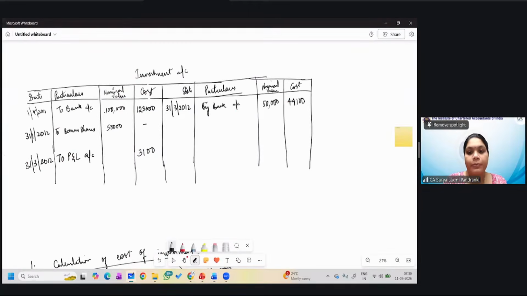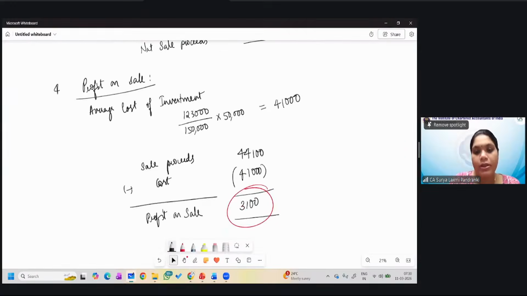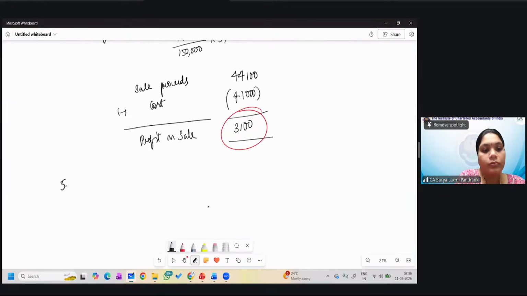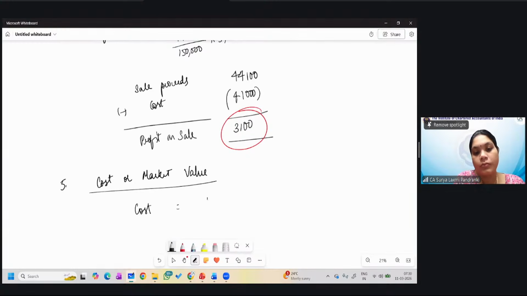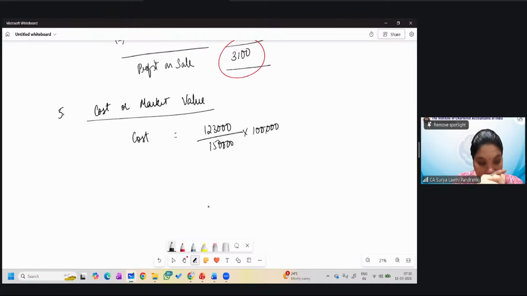Let us do it this way, because it is cost or market value. Calculate this value.